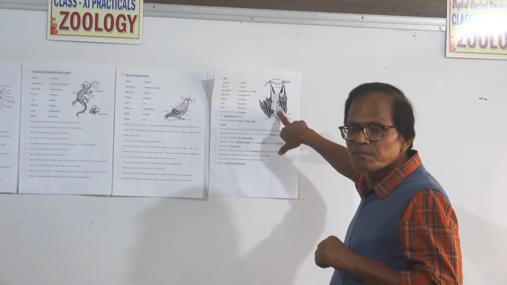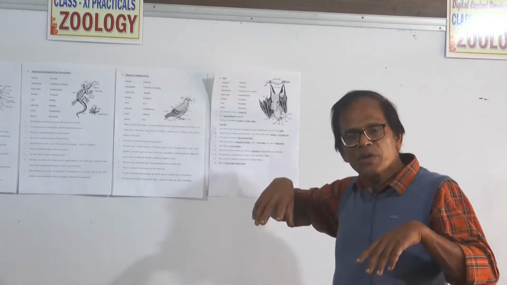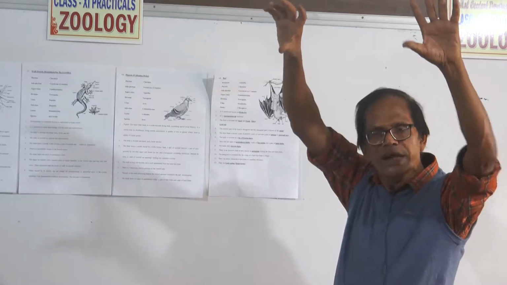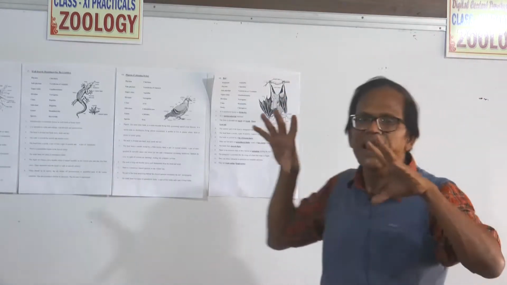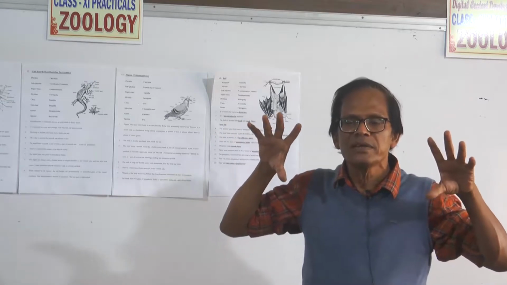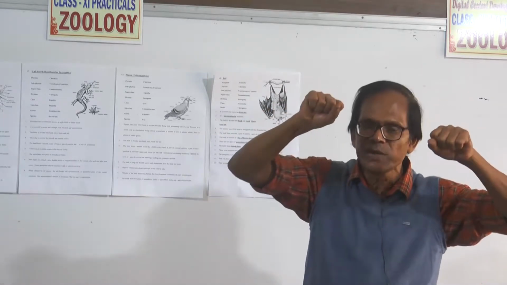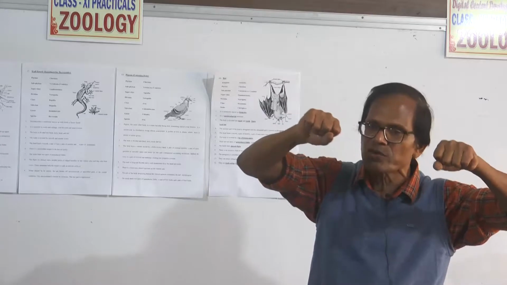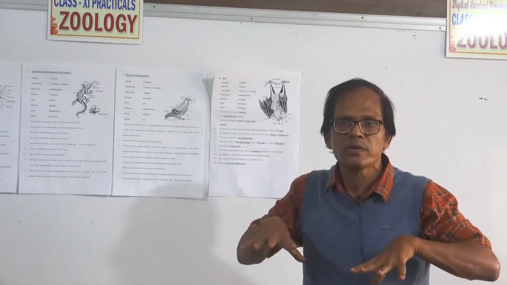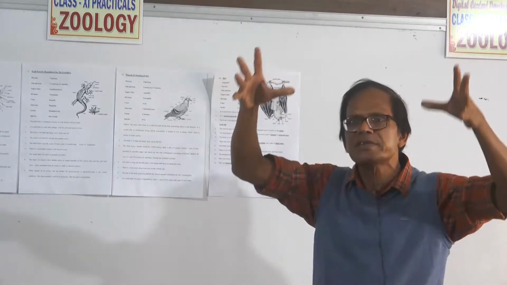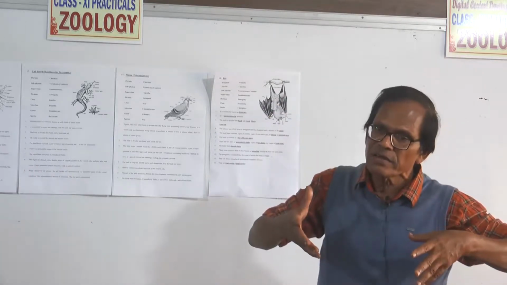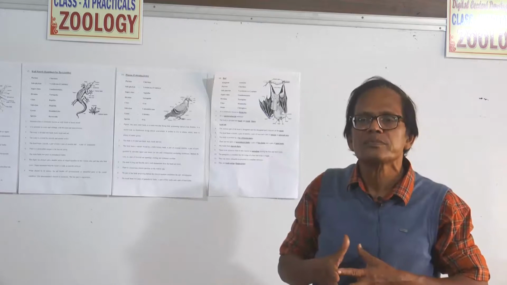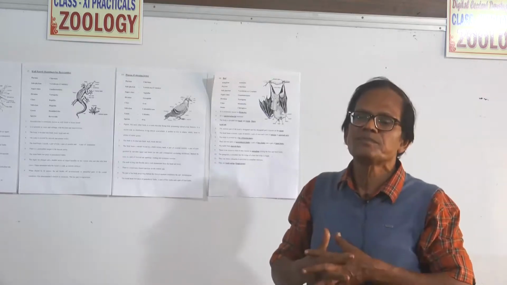This is a bat. During the day, it clings on to a twig and hangs from it. So the claws help the bat hold the twig strongly so that it doesn't fall down. The bat remains hanging from the twig of a tree the entire day.